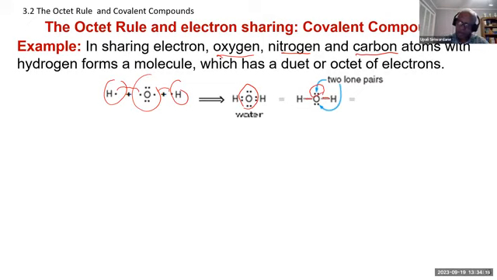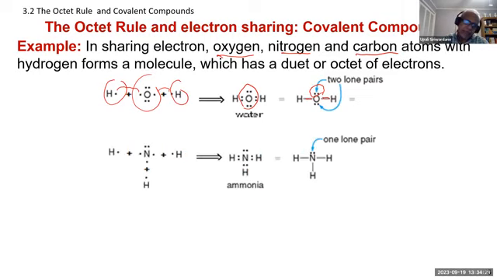So we're going to describe more in detail. Nonmetals share electrons to form covalent compounds. Metals and nonmetals transfer electrons to form cations and anions. That's a different description. These are nonmetals, hydrogen and nitrogen.